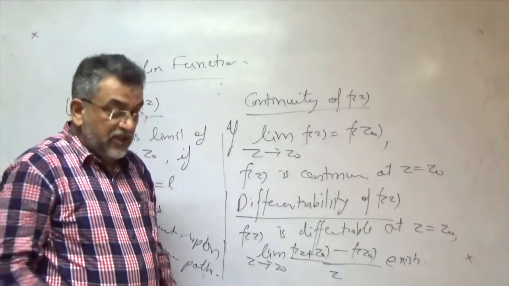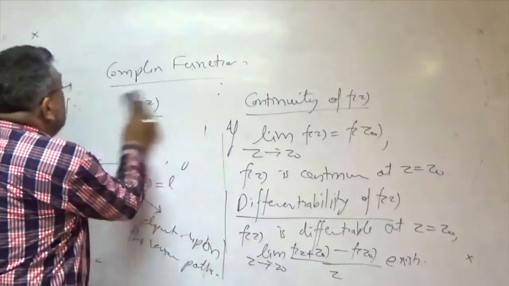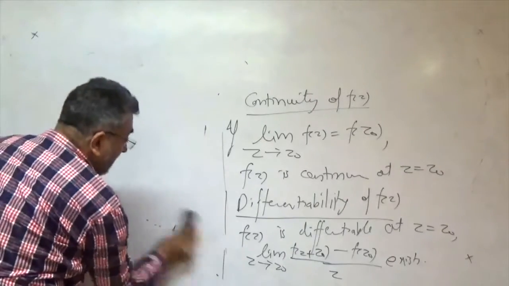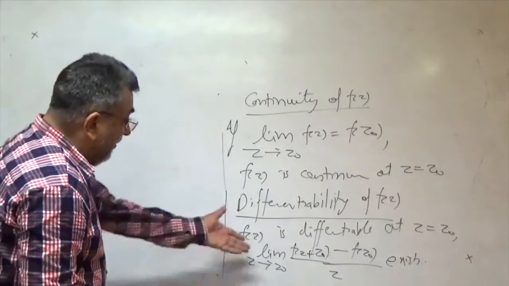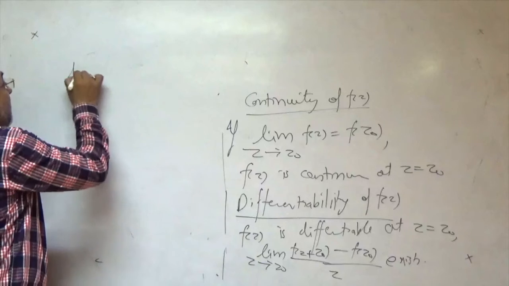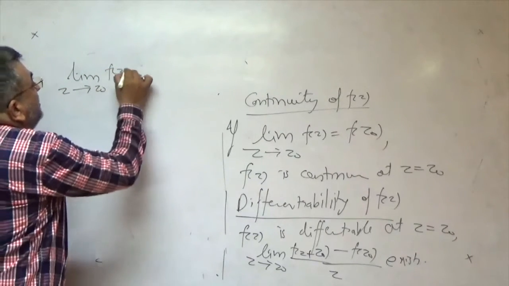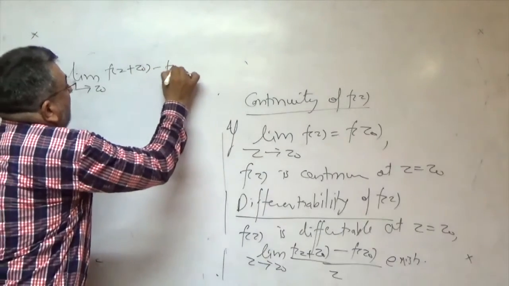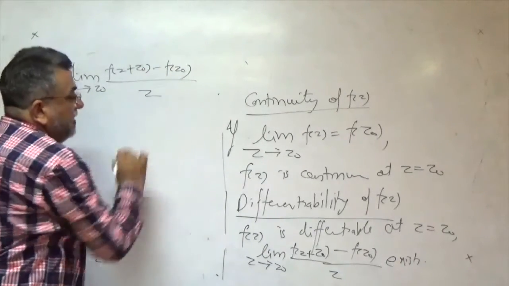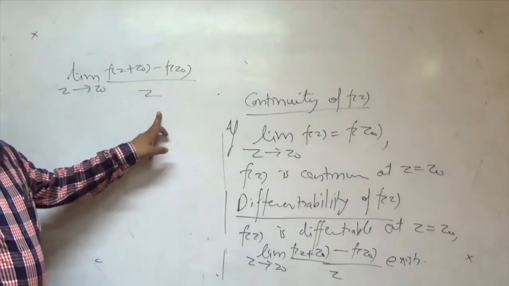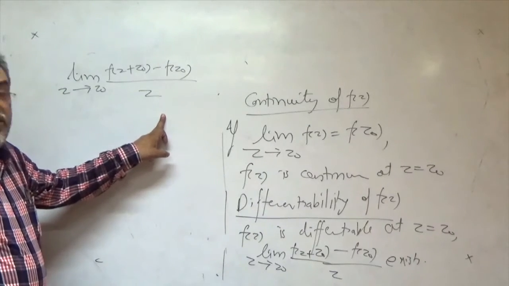Then the function is differentiable. What is the meaning of the existence of this limit? If the limit as z tends to zero of f(z plus z naught) minus f(z naught) upon z exists, then we say that the function is differentiable.